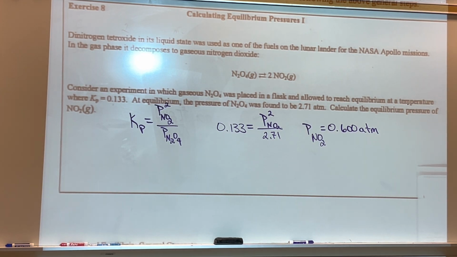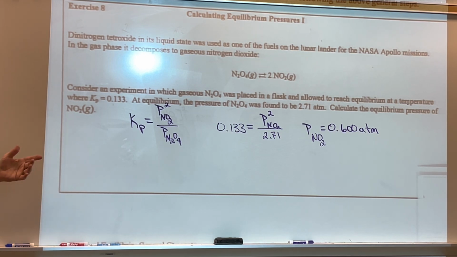Okay? So, first thing I'm going to do, if I'm given a Kp, I want to write out the Kp expression. What do I know? What am I looking for? What might I still need to know to figure out what I'm looking for? And then you can work backwards. You can only have one variable, so if there are two things you don't know, there must be a way to figure out one of them. So you go back to the drawing board and look at how you can figure out that one.